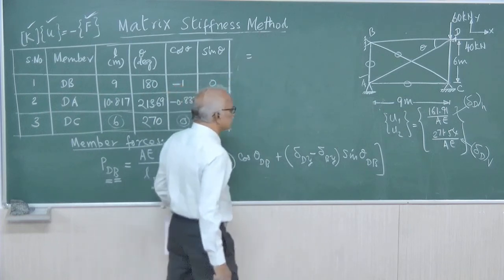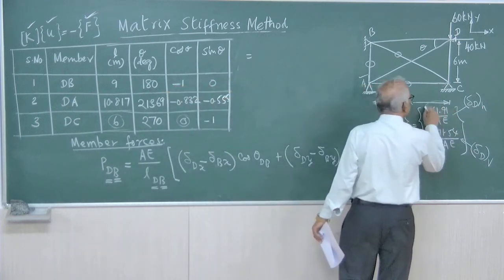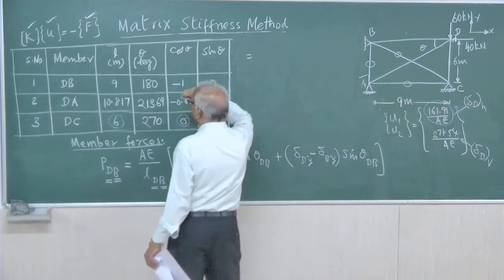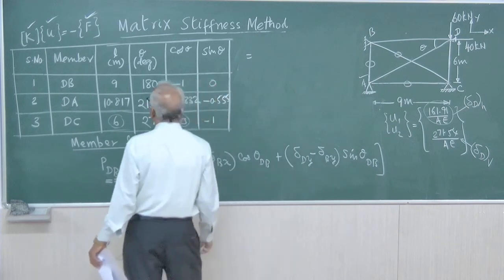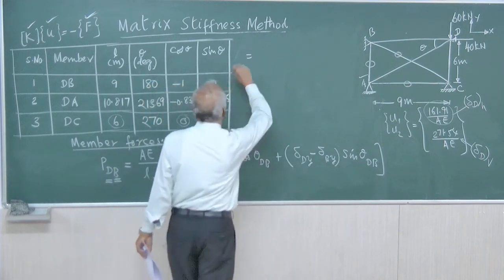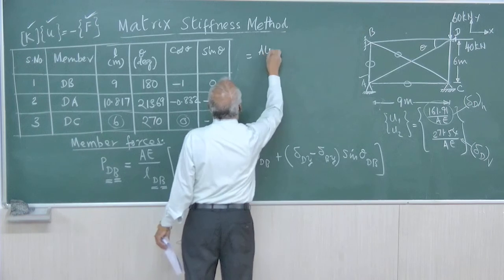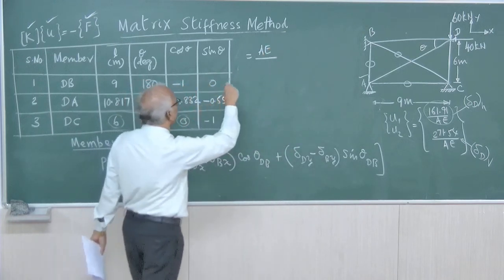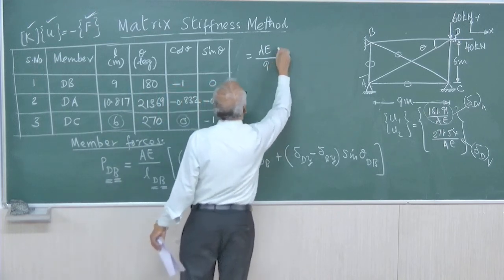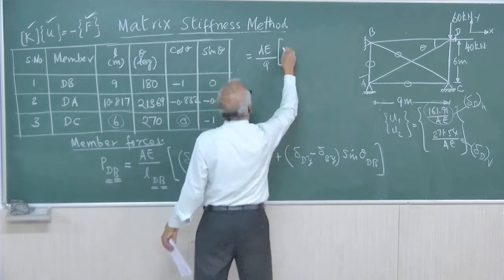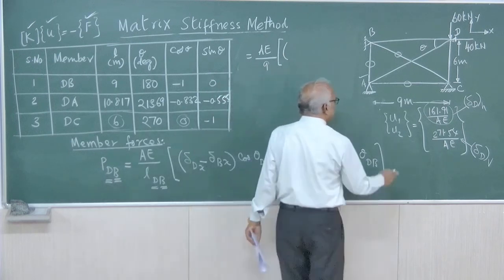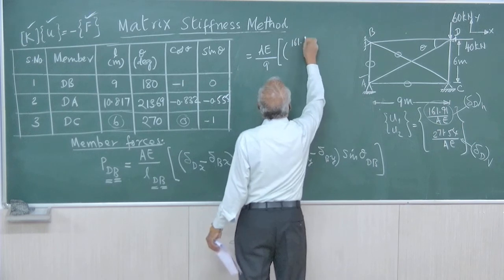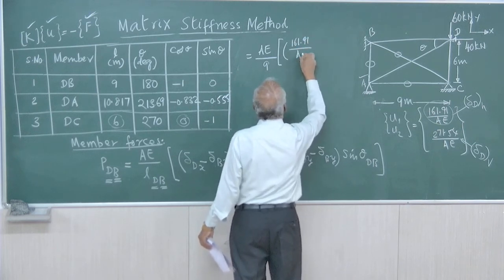Now this is equal to: delta D in the x direction is 161.91 by AE. So this AE by L, AE is not available. Therefore, AE by L dB, horizontal member, therefore 9 meters, into delta D in the x direction, 161.91 by AE.